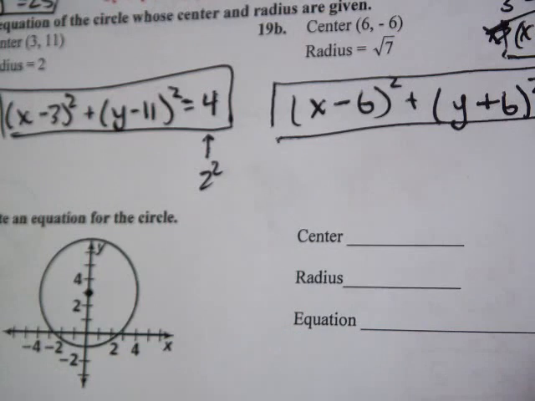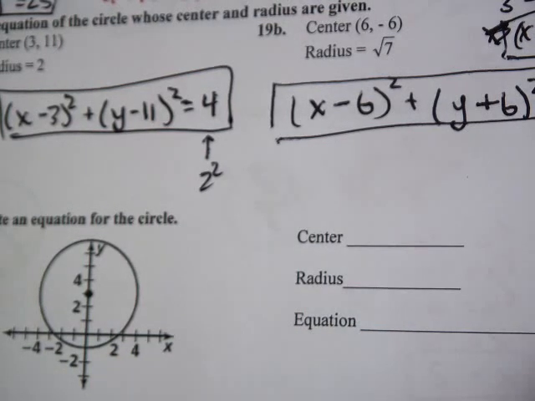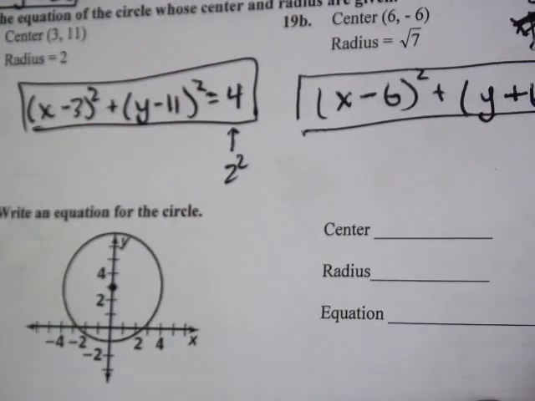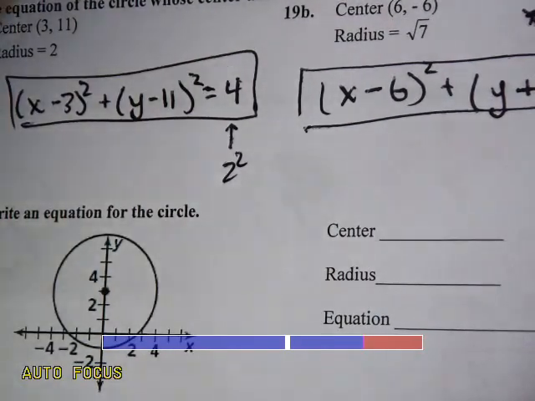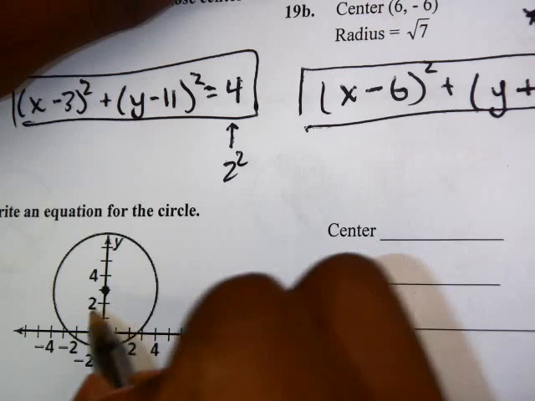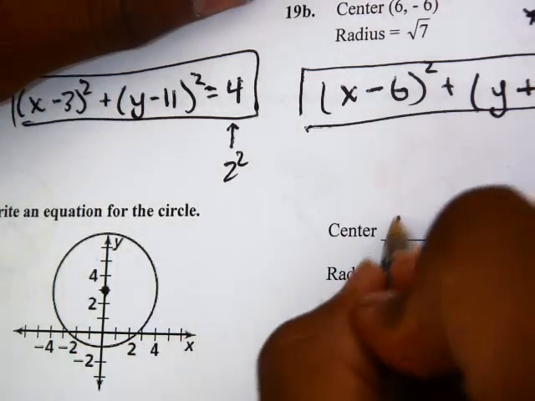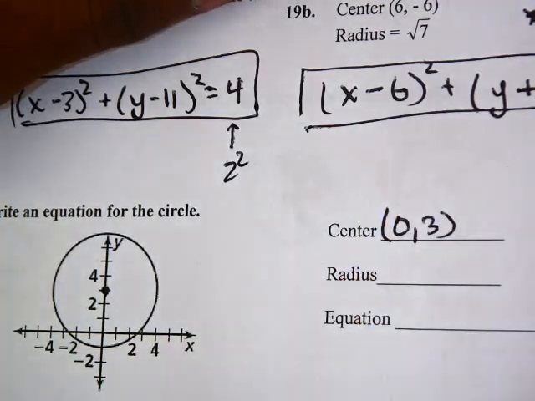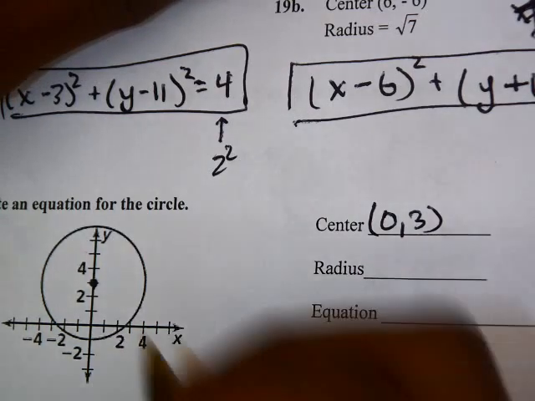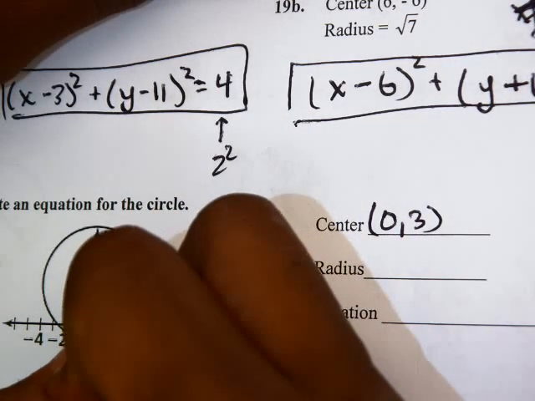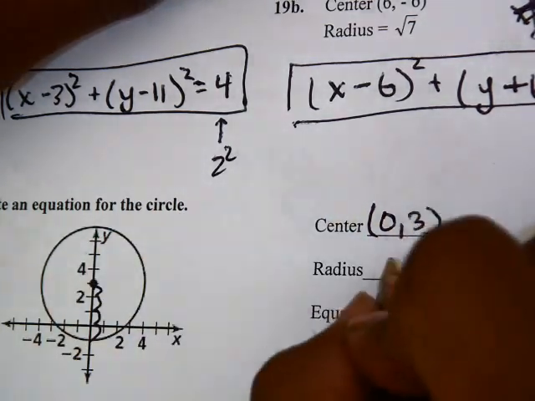And lastly, number 20, I'm supposed to write an equation of the circle from the picture. So the center is here. That point is 0, 3. I can count to get the radius. 1, 2, 3, 4 units.